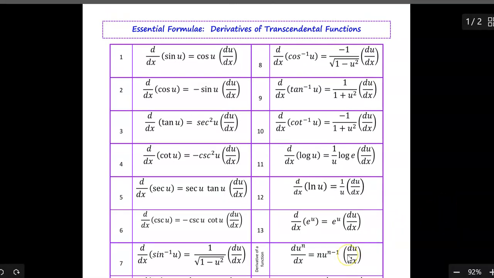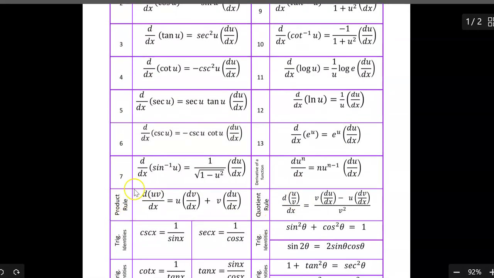Besides the basic rules for derivatives, we also have to pay attention to the formulas that are given to us. So in the first lesson, I will concentrate on the derivative of sine and cosine. That means formula number 1 and formula number 2. I also emphasize the product rule and the quotient rule as well.